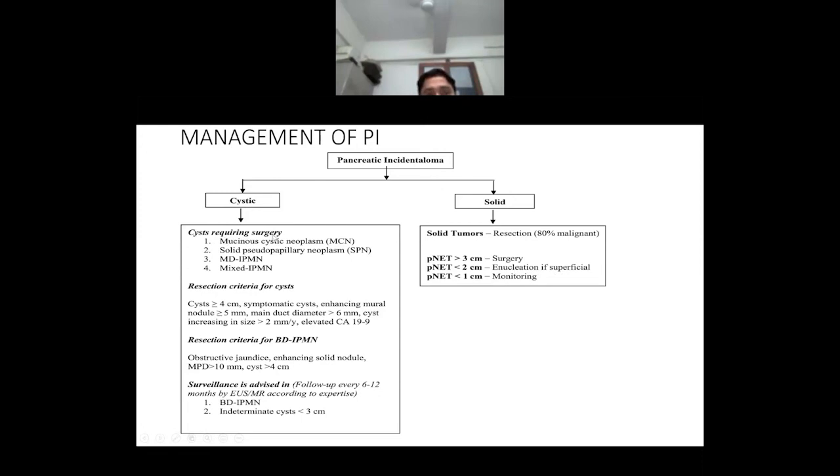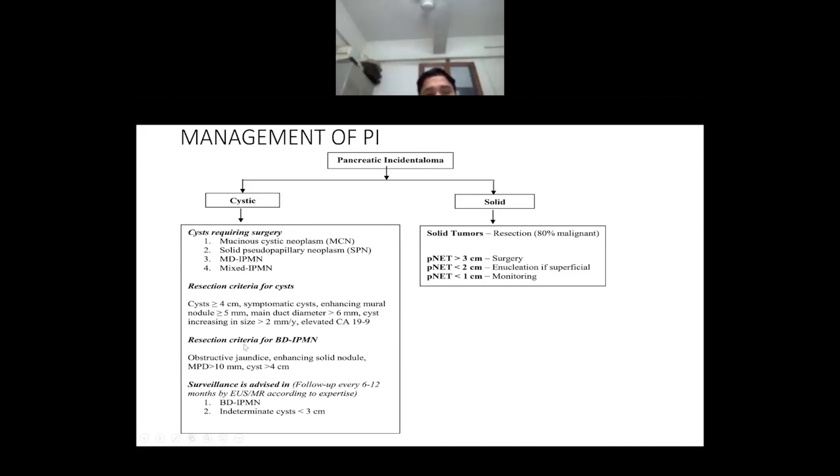cysts that require surgery are mucinous cystic neoplasms, solid pseudopapillary neoplasms, main duct intraductal papillary mucinous neoplasm, and mixed intraductal papillary mucinous neoplasm. Resection criteria for simple cysts are cysts more than 4 cm in size, symptomatic cyst, enhancing mural nodules more than 5 mm, main duct diameter more than 6 mm, cyst increase in size more than 2 mm per year, or elevated CA19-9.